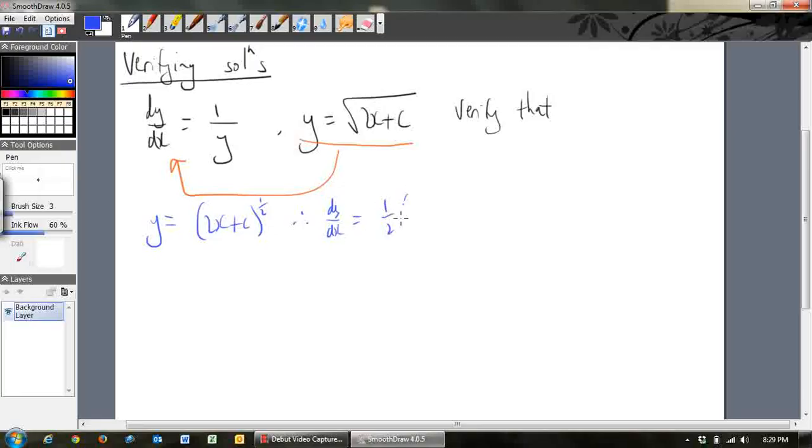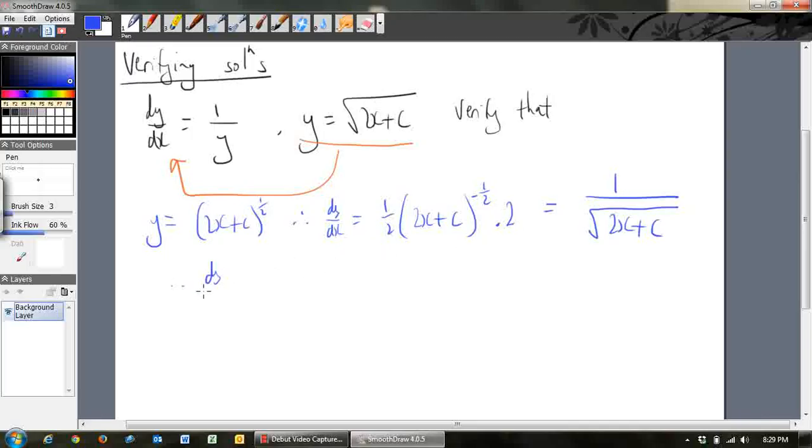Therefore, dy dx is equal to, half comes down the front, I'm taking the derivative here, the middle stays the same, subtract 1 off the half, and then we need to multiply by the derivative of the inside, which is 2. That 2 cancels with that half, and what we get is 1 over the square root of 2x plus c. And lo and behold, look what we have here.